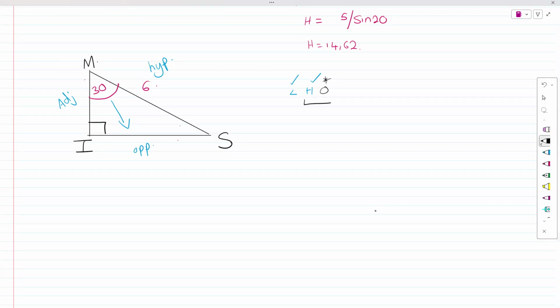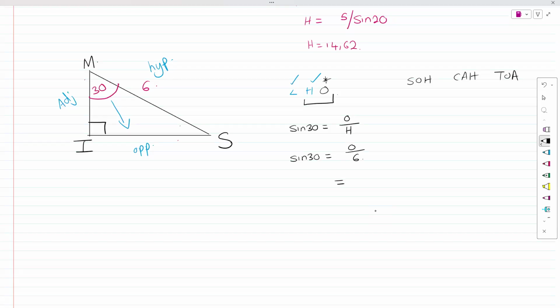So how do we use opposite? You use a ratio. Which one do we use? Sine. So sine of 30 equals opposite over hypotenuse. Sine of 30 equals opposite over 6.